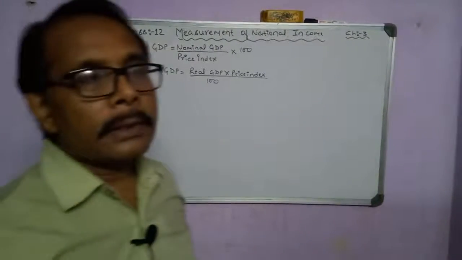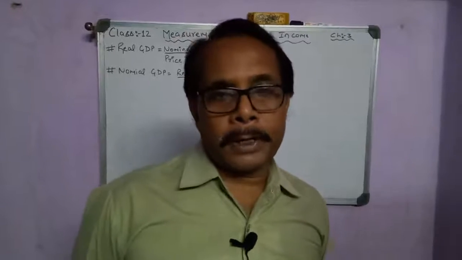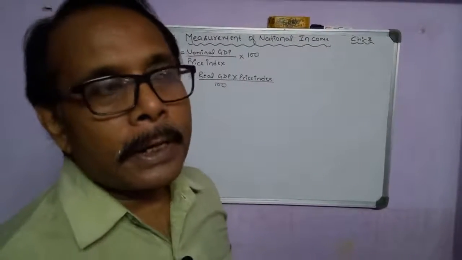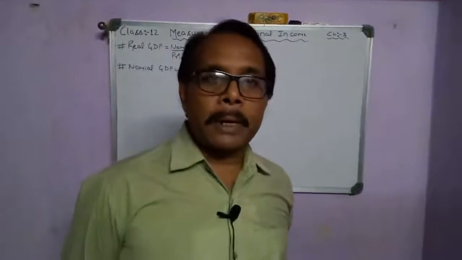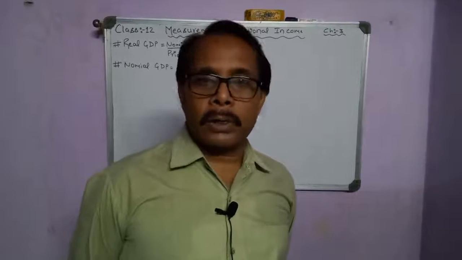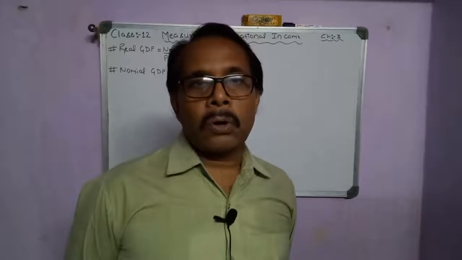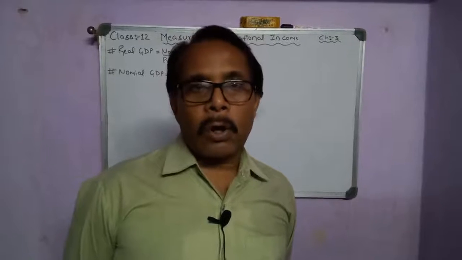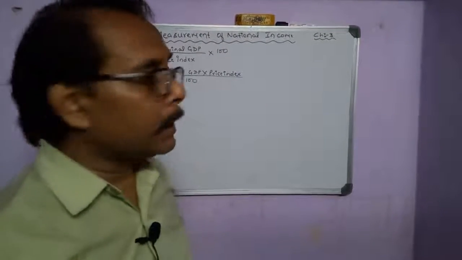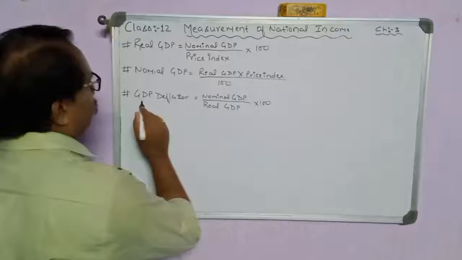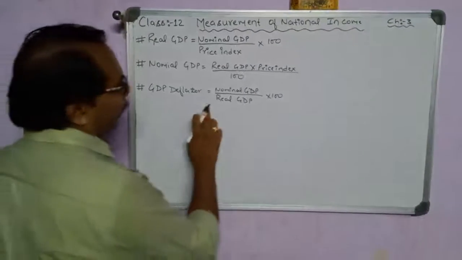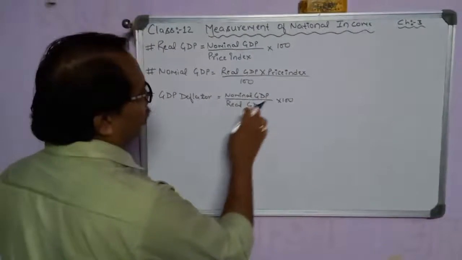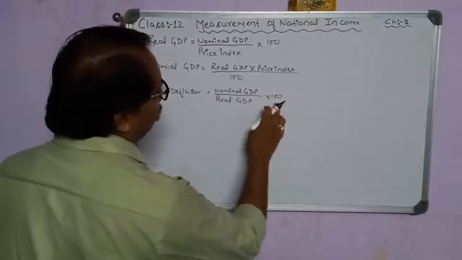And one more thing, that is the GDP deflator. GDP deflator helps in the calculation of GDP. The formula of GDP deflator is this way: nominal GDP divided by real GDP into 100.